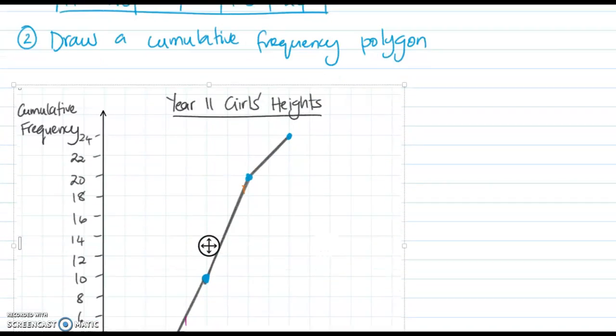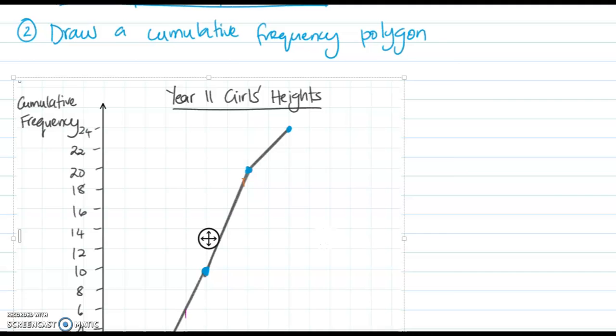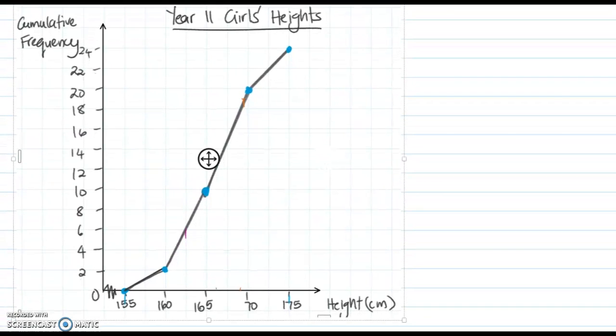If we draw the cumulative frequency polygon, that's what we get. The important thing to notice is that we are starting at 155, and from there on the intervals have a difference of 5 centimeters.